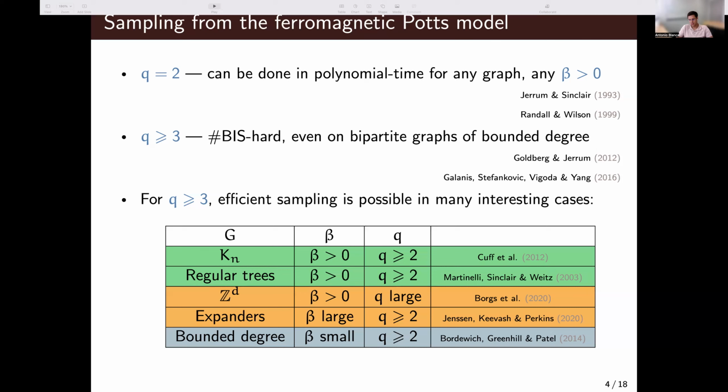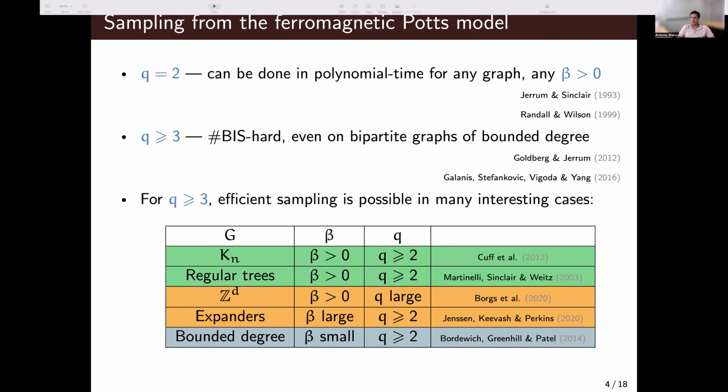For example, if we consider subsets of the high-dimensional integer lattice graph, which is quite relevant in physics, we now have a sampling algorithm that works for every beta, provided Q is large enough. If we consider expander graphs, we have sampling algorithms that work for beta sufficiently large, which means this is the strong correlation regime, when there is a strong interaction in the system, and this works for every Q greater than 2.